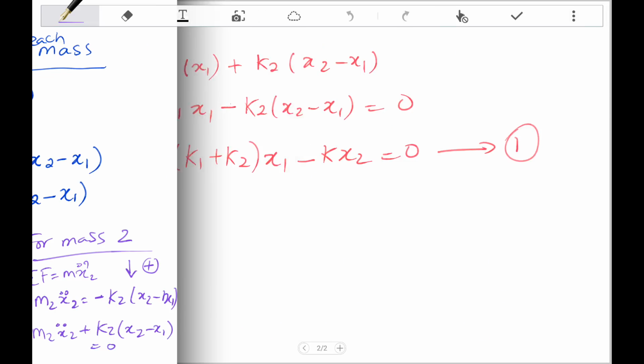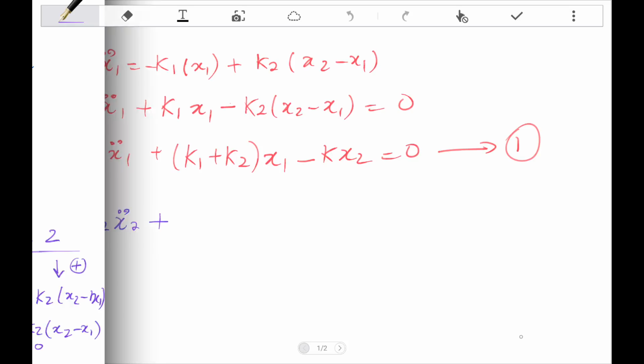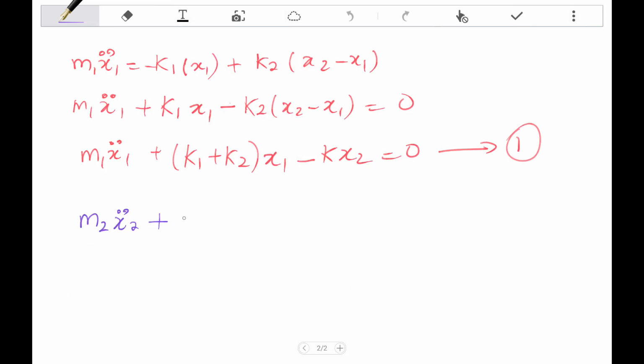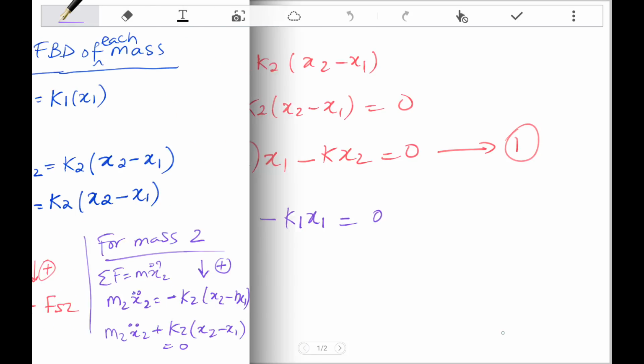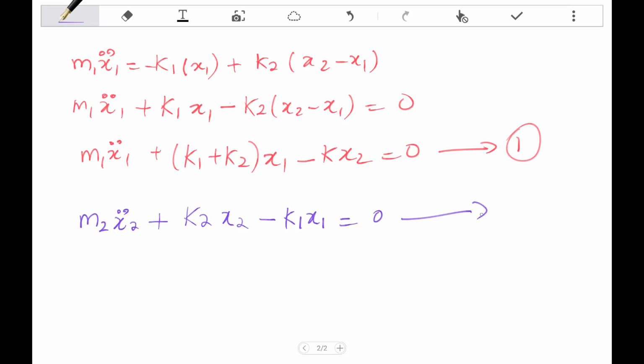Let's go to the other page here, and that's going to be m2 x double dot 2, plus k2 x2, negative k2 x1, equal to 0. Let's double check that for a second here. That's absolutely correct. So that's equation 2.